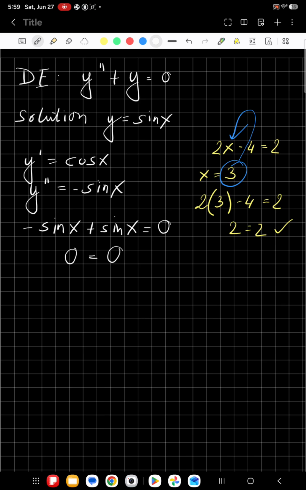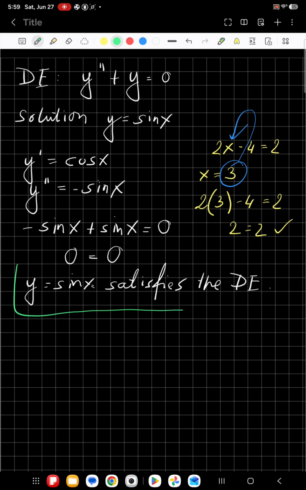Negative sine x plus sine x is 0, so y equals sine x satisfies our differential equation. Okay, so this is the answer.